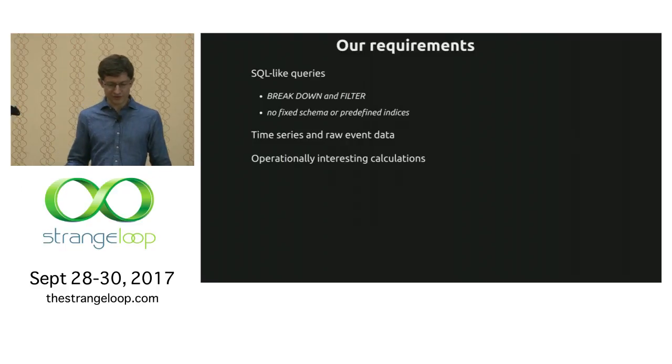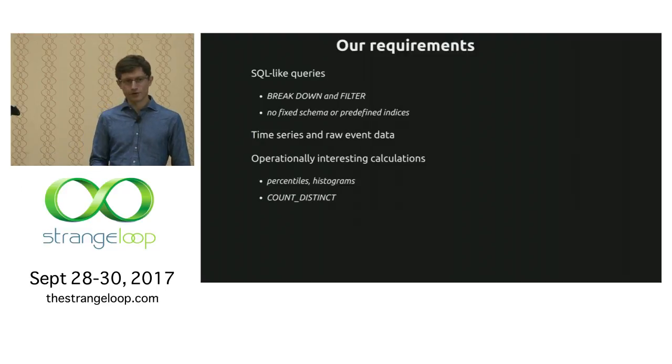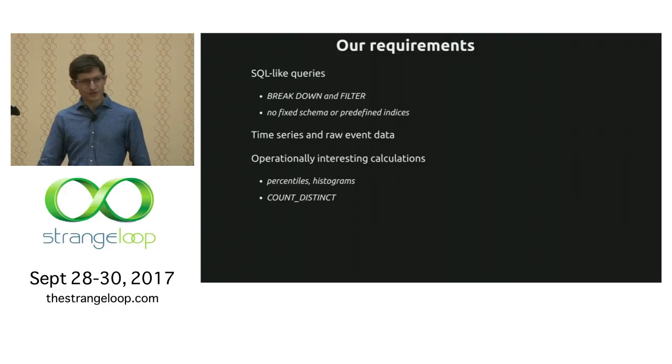Really, that's what we're trying to solve here, is the sort of problems that operations people face. So percentiles are really useful for latencies. If you're still measuring average latency, you should really try percentiles. We can calculate the histogram for an entire distribution of response times or of packet sizes or of other things like that. Count distinct is another really useful operation.